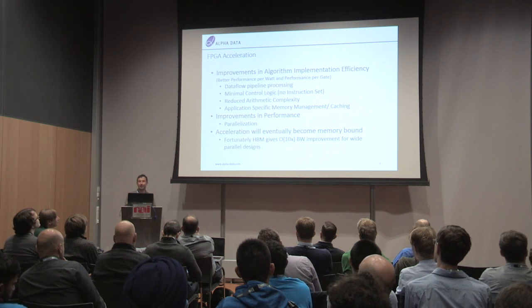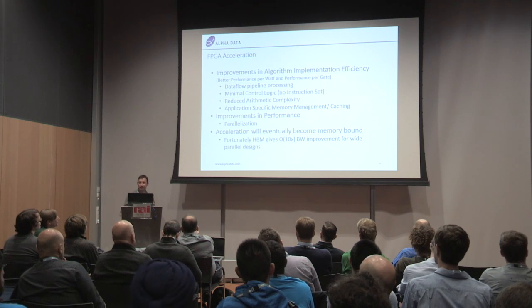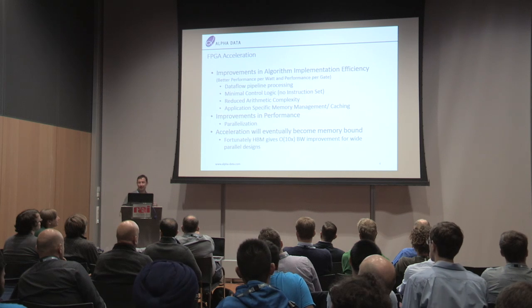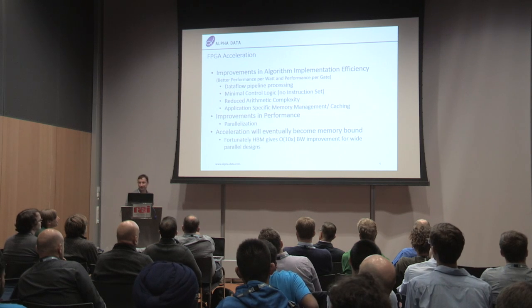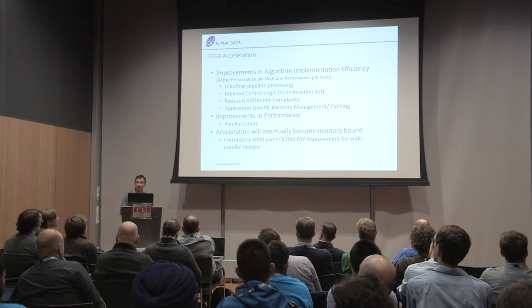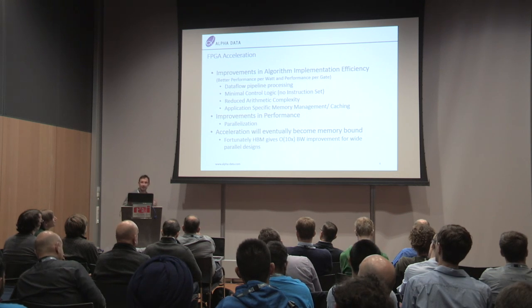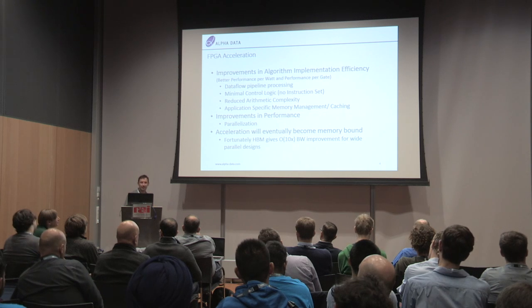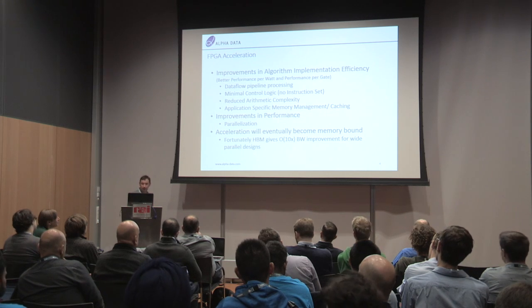However, with all this acceleration within the chip, you're still going to hit an I/O bandwidth boundary, because your external chip bandwidth has not increased for a number of years. However, HBM is one area where you're going to get an order of magnitude improvement, so this is one thing we're looking forward to.